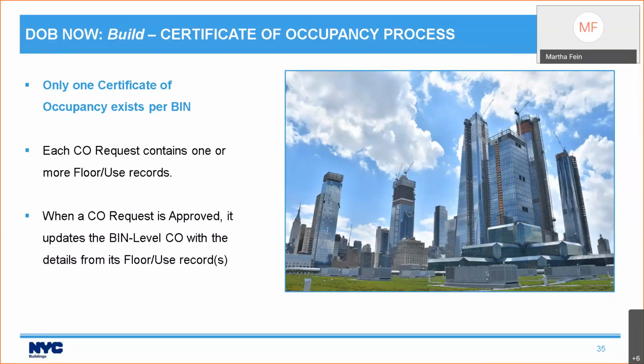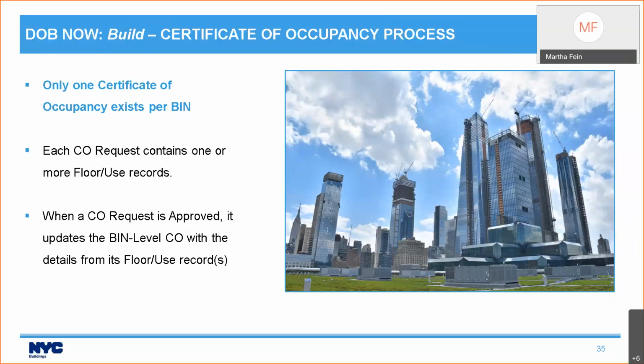Also, only one certificate of occupancy exists per bin. Each certificate of occupancy request contains one or more floor use records, and those floor use records are the ones that live on the building level schedule of occupancy.